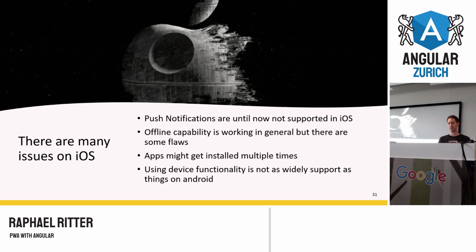They made it possible to implement it in their own way, so you can reuse the code you would use for any other browser. That's nice, but at least it works. So that's a big flaw on iOS from my point of view, because push notification, of course, is a great advantage. There are other flaws. Offline capabilities work strangely on iOS. It now works more or less, but it can be possible that your PWA gets installed twice, which is quite bad.